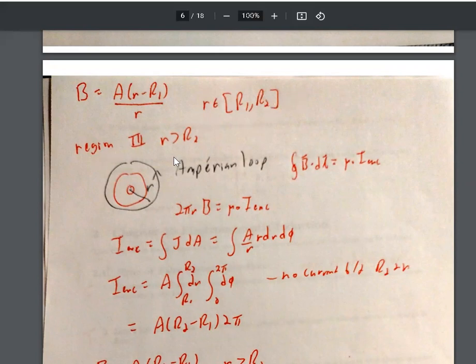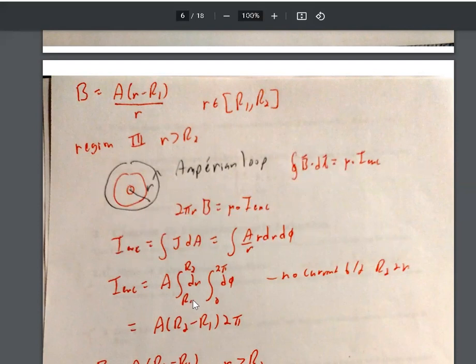Now, our third region is actually outside of the wire altogether. So this is where R is greater than R2. And so our Amperian loop is also drawn to be bigger than this. So we do the exact same thing that we did before. This integral is going to be the length of our loop times B, and that's equal to mu naught times the current enclosed. So once again, to find the current enclosed, we integrate our current density over the area like this.